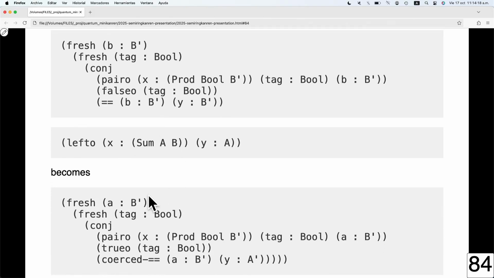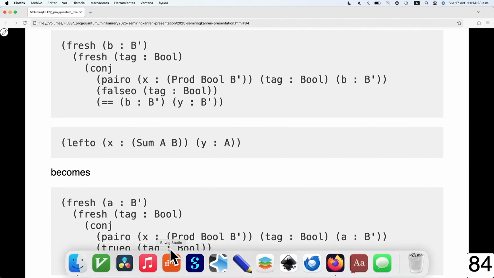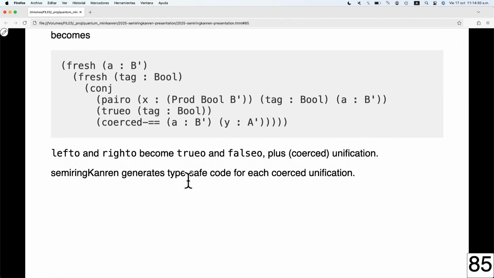And then left-O is pretty much the same thing, except that we're testing for true, and we're using a coerced equals rather than a raw equals. So semiringKanren does generate type-safe code to do these coerced unifications, or it tries to, but then left-O and right-O just become true-O and false-O with this unification.